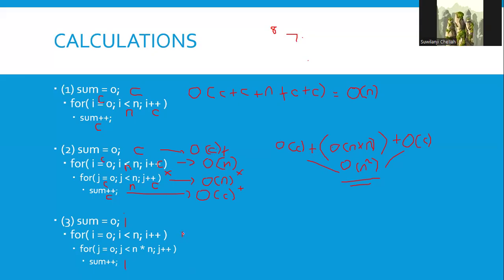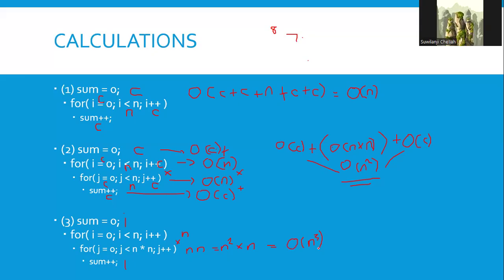So here we know that the highest order term is N, and then here the highest order term is N multiplied by N. Remember, for nested loops we multiply. So N times N is essentially N squared. So we're multiplying N squared by N, times N, and the time complexity is big O of N cubed.